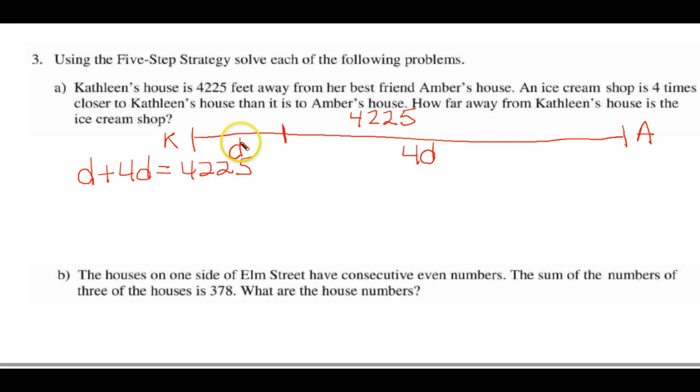And to solve it, we just combine like terms. 5D equals 4225. Now to find out what this D is, we're going to divide both sides by 5. And we get D equals 845.